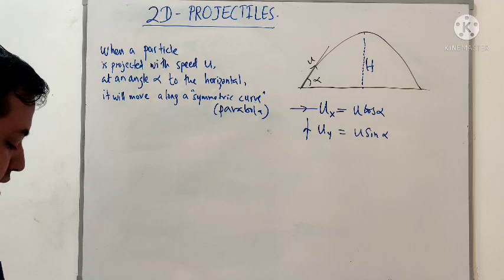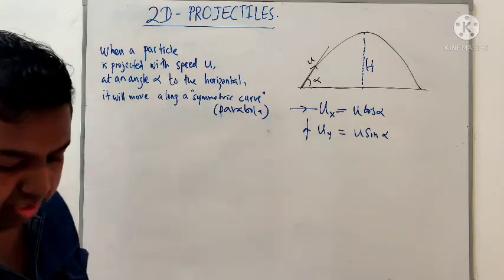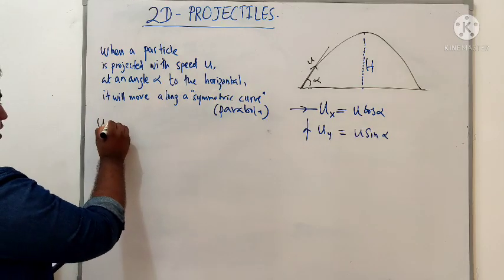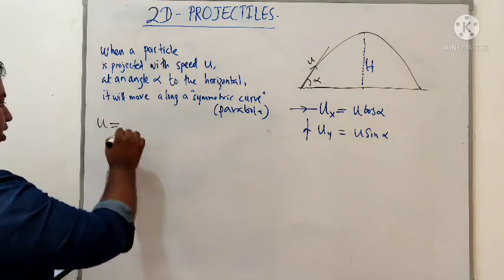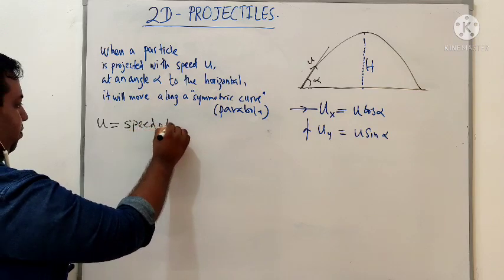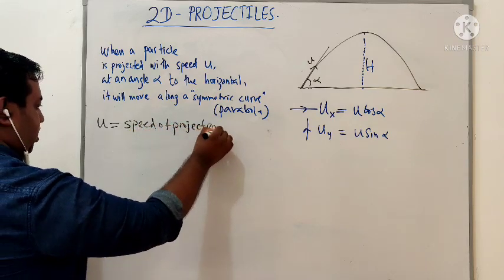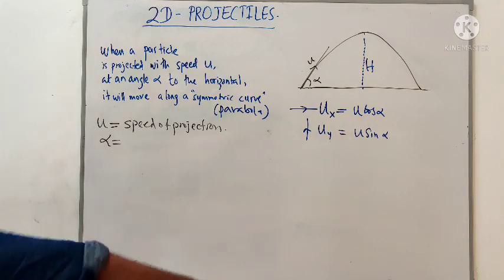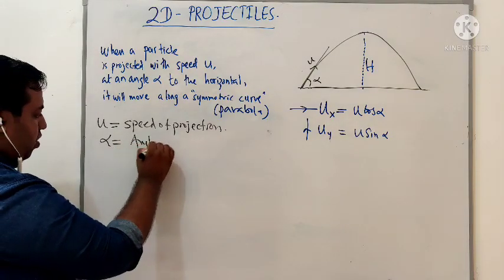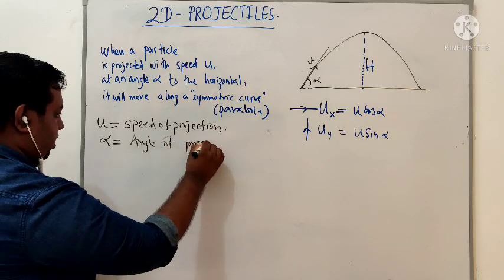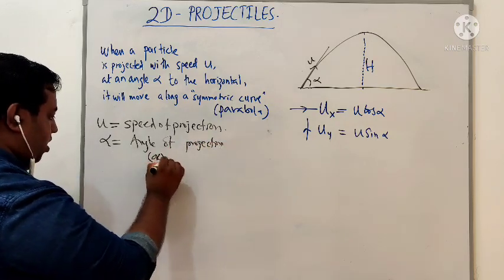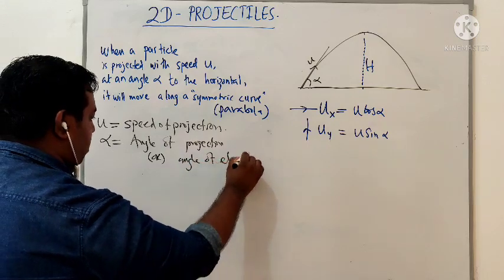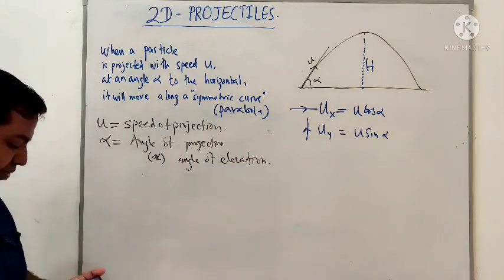The angle alpha is called the angle of projection, or angle of elevation of the particle.